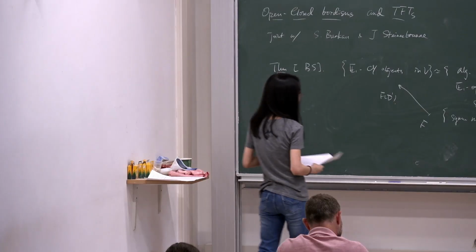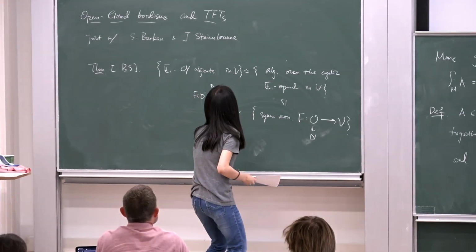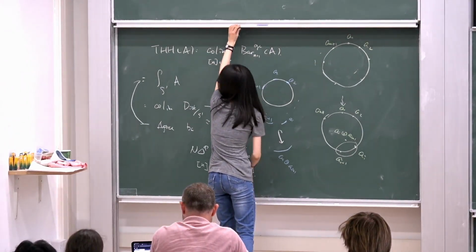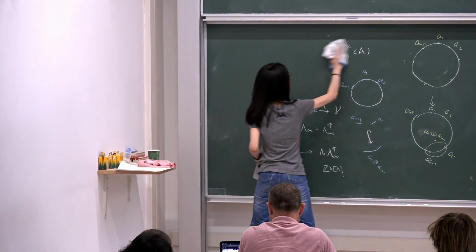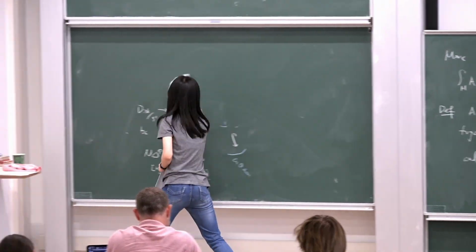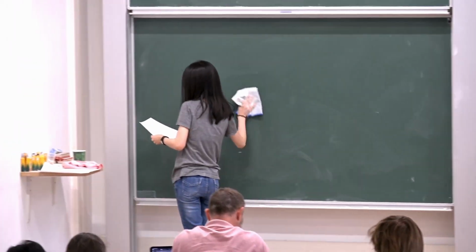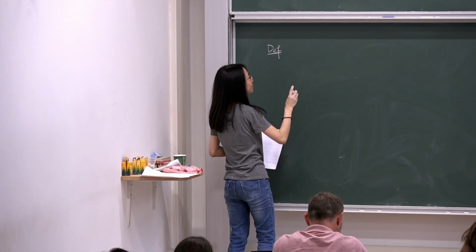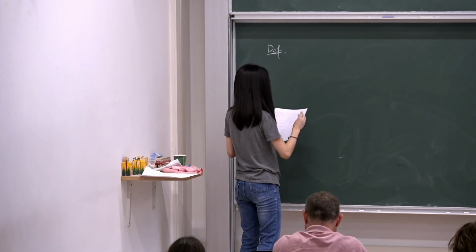Okay, so I have not really defined what this bordism category O is, and maybe let's do it now. So this already sits inside a bigger bordism category that captures two-dimensional bordisms with corners.